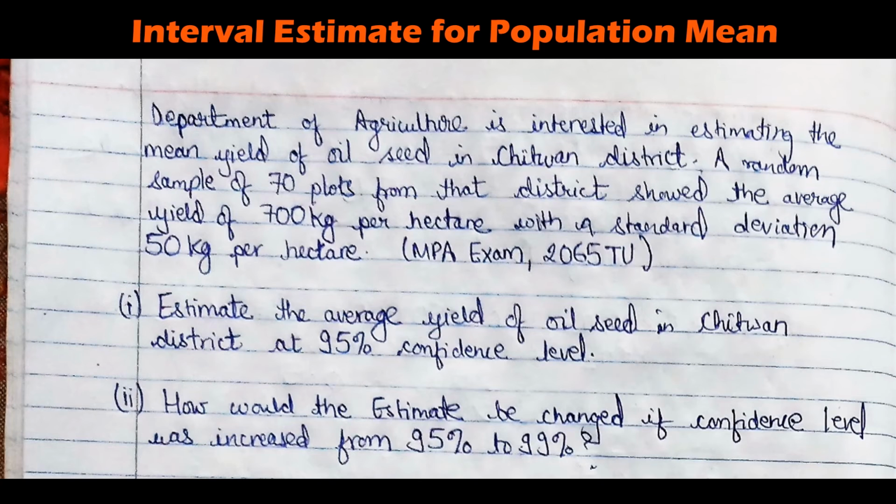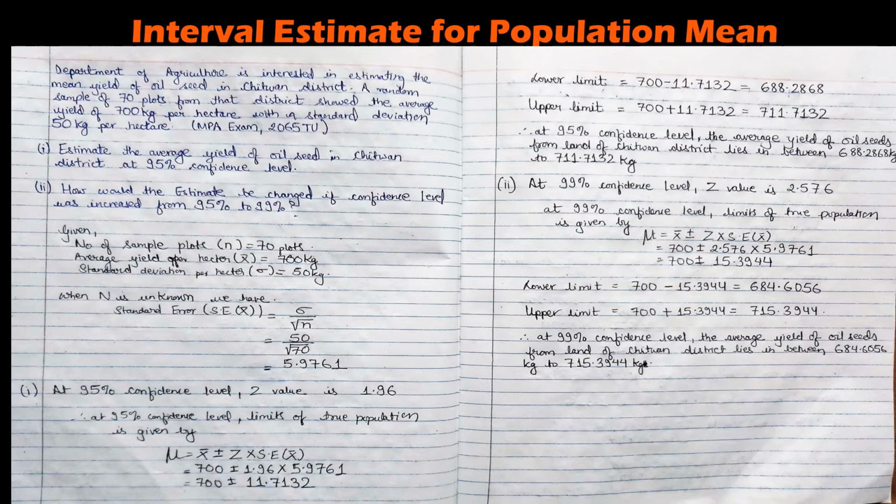Estimate the average yield of oilseed in Chitwan district at 95% confidence level, and how would the estimate change if the confidence level was increased from 95% to 99%. So first you think how you are going to do it in your mind, and here we have the solution.